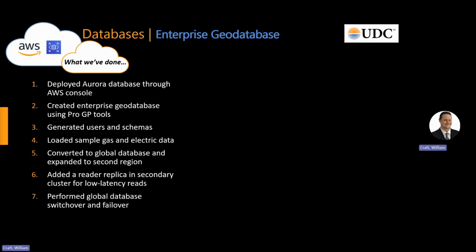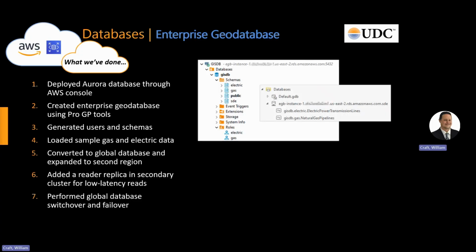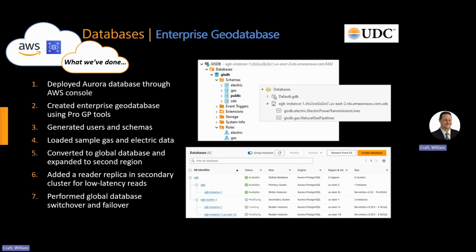We created an Aurora database cluster, set up an enterprise geodatabase, walked through configuring some of the settings we talked about previously, and tested a few of those options out. After loading some sample gas and electric utility data, we built out a secondary cluster in a different region and added a reader replica to publish services against.